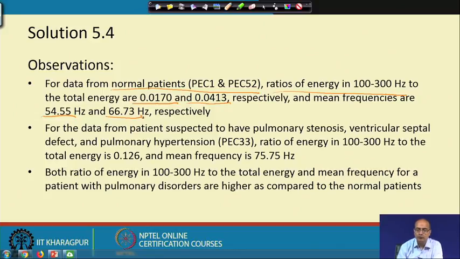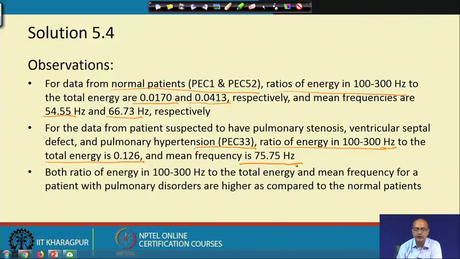And now, when we go for the disease subject, PEC 33, the ratio of the energy in the band 100 to 300 hertz to the total energy is 0.126 and the mean frequency is 75.75.